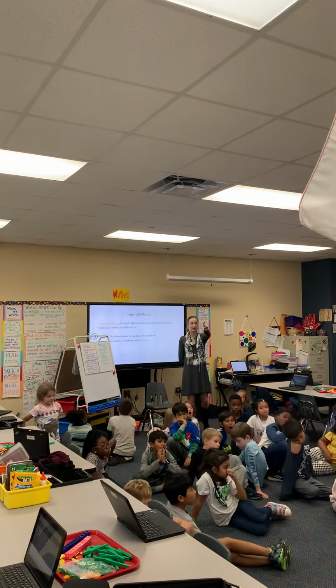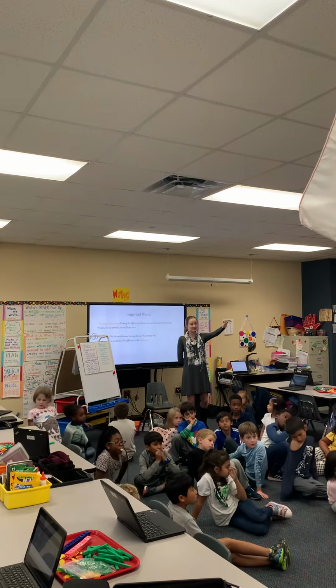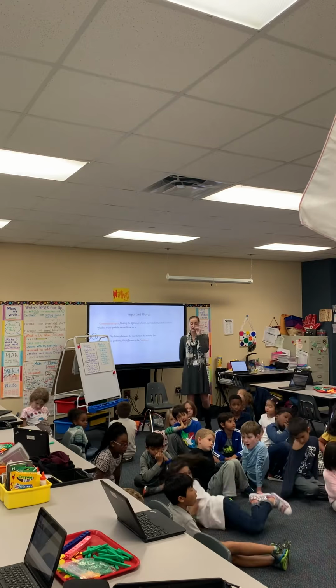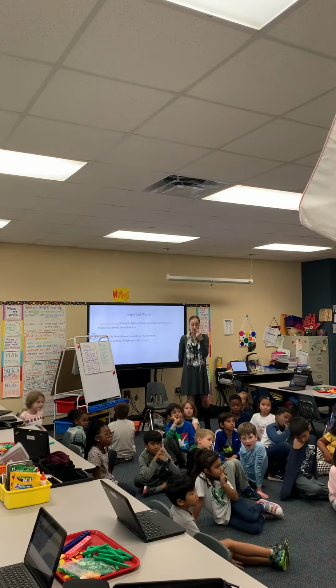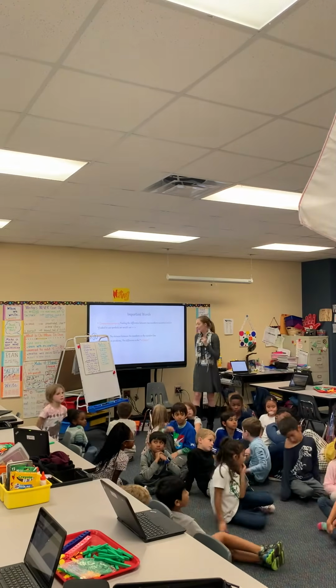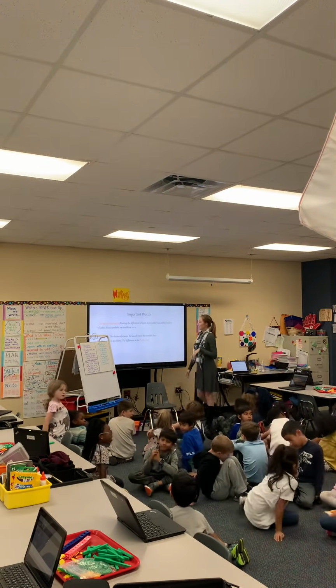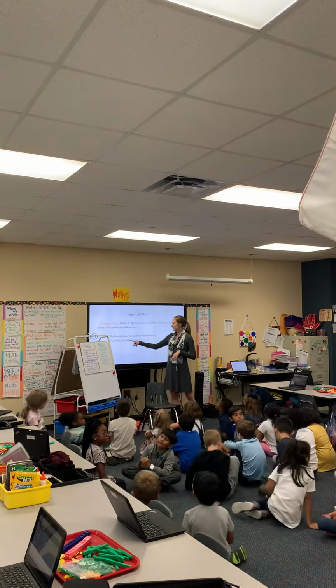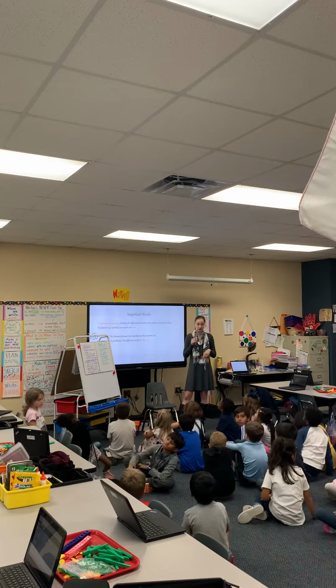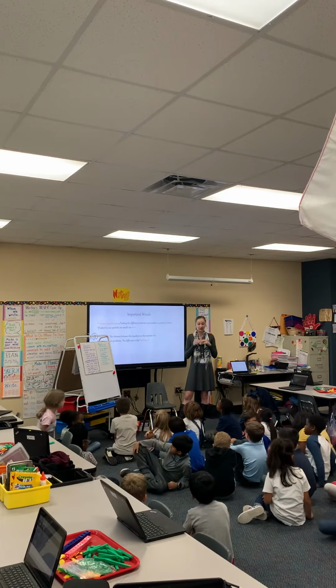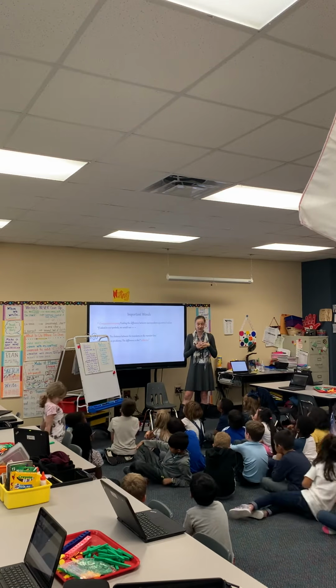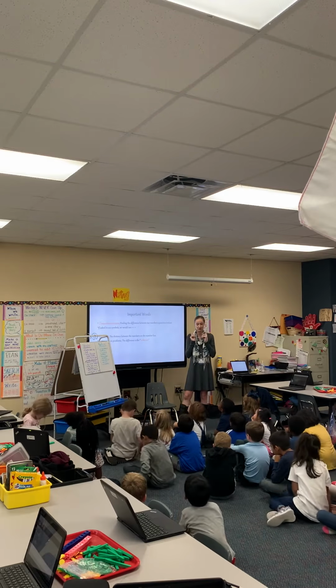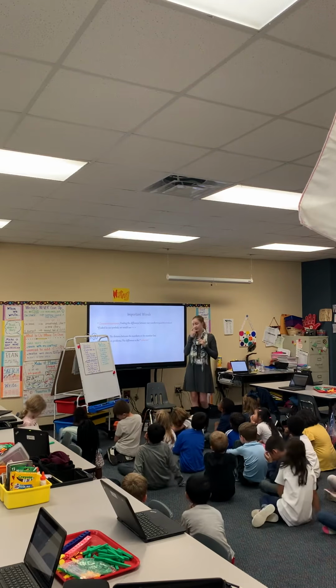So that is how many jumps it takes to get from 20 to 80. All right, turn back around. And then for comparison problems, the difference is the unknown. So the unknown is what we are trying to figure out. That is the difference between the two numbers, the two values, or the two quantities.